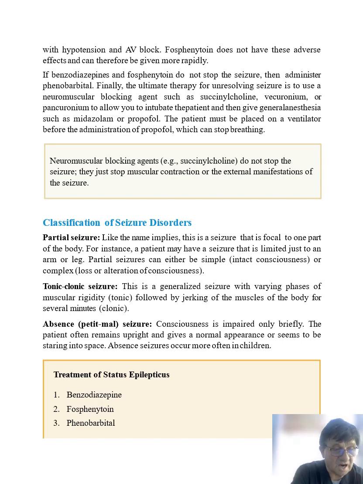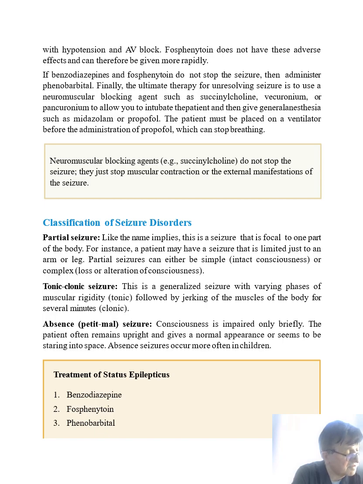The other type of seizure is the tonic-clonic seizure. This is a generalized seizure which has phases of muscle rigidity, tonic, followed by jerking of the muscles of the body for several minutes, clonic.